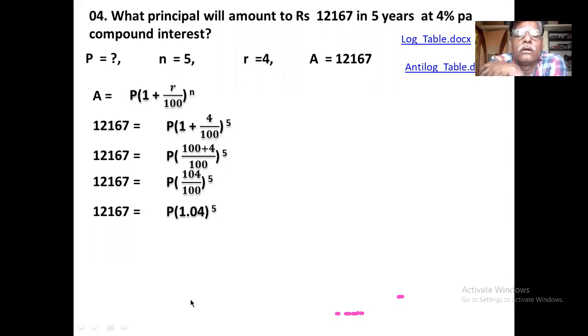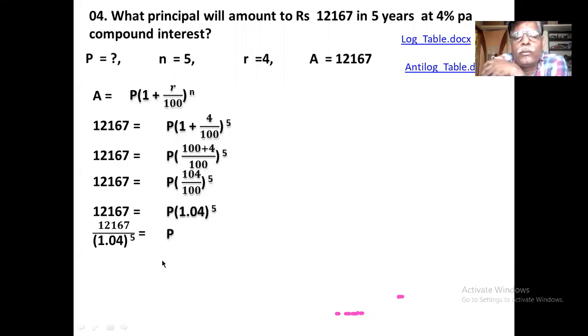It is divisible. So the next step is 12,167 divided by 1.04 to the power 5 is equal to P.